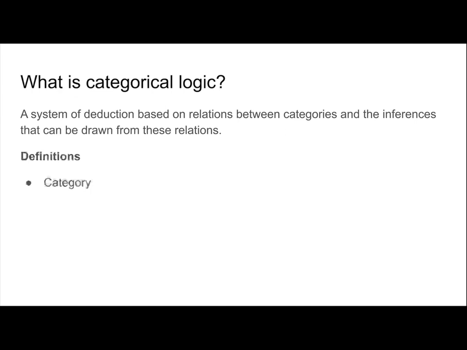Now let's think about categorical proposition. A categorical proposition is an assertion of a specific relationship between two terms. So for instance, if I say the proposition, all cows are mammals, I am asserting a particular relationship between two terms, the term cow and the term mammal.